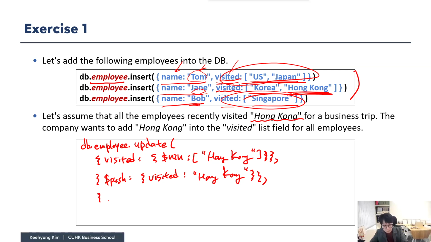And we specify an option here. Option multi should be set as true because we have to update many employee documents. And then that's it. So this will solve this question using the update query, basically.